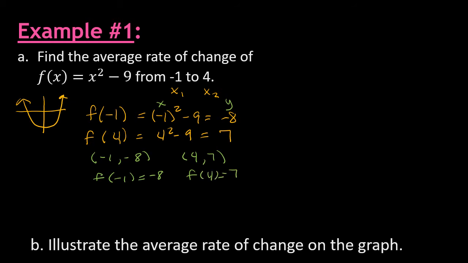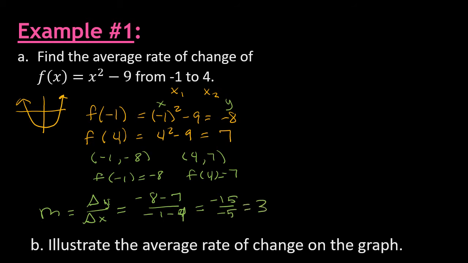But regardless of the notation in which the points are given, you should be able to find slope. When we find our rate of change, remember slope is the change in y over the change in x. So if I take my y value minus my y value over my x value minus my x value, that should be 15 over 5, and I get a slope of 3.